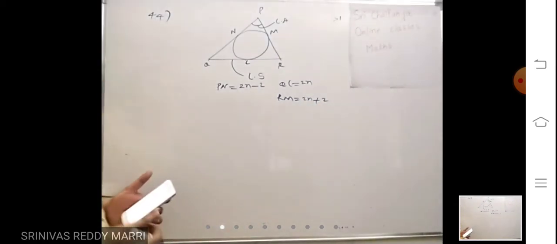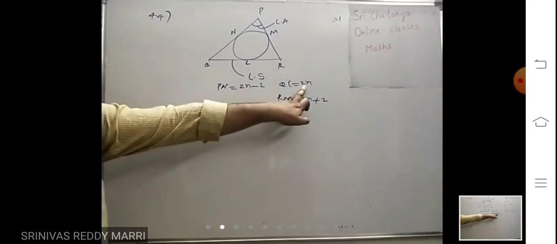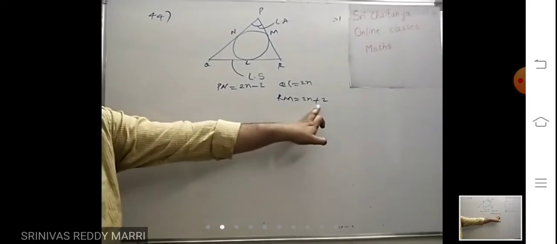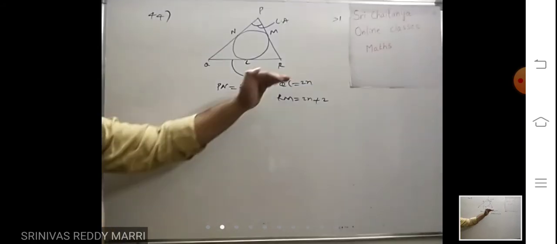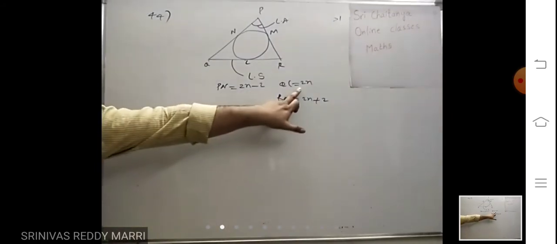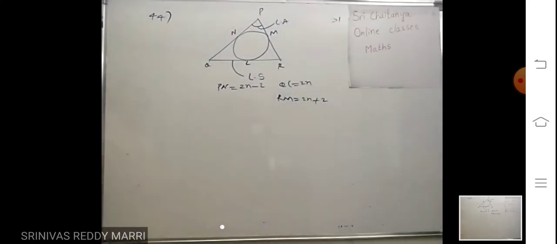Given consecutive even integers, this is one even integer, and then for the next consecutive you add 2 to this, then add 2 again. I have taken these three like this for my convenience: 2n minus 2, 2n, and RM is 2n plus 2.